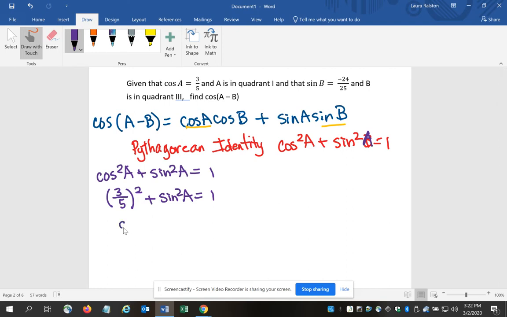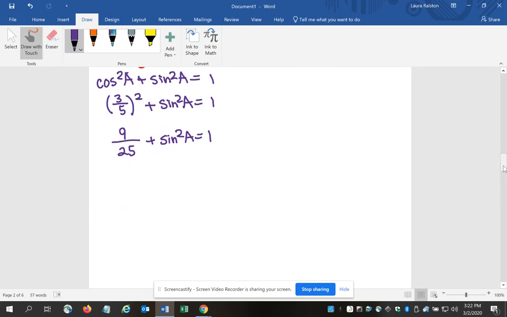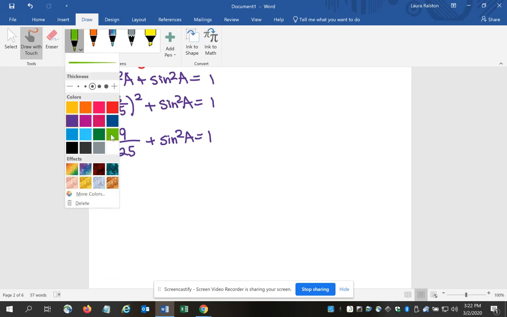Okay, do the squaring. 3 times 3 is 9. 5 times 5 is 25. Plus sine squared A equals 1 whole. Again, remember, I'm trying to solve, in this case, for sine. So I'm going to subtract the 9/25 from either side.